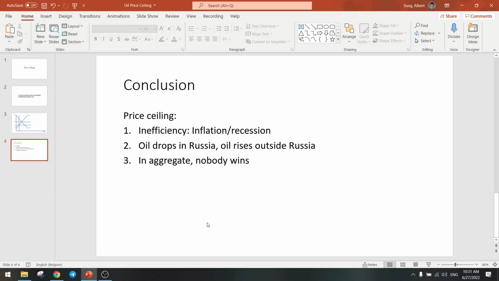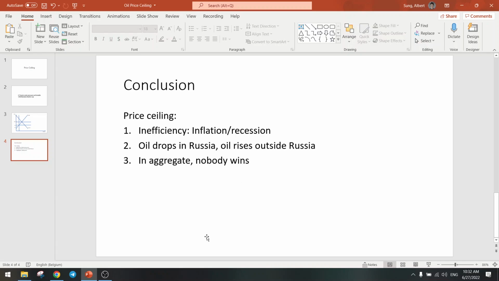And that will result in recession because less oil is produced, and inflation because they will probably print the heck out of this. Second, oil will drop in Russia and will rise outside of Russia because the consumer needs oil and will get it anywhere else than Russia.